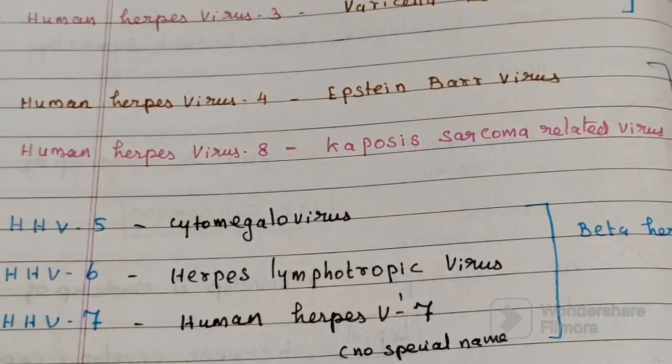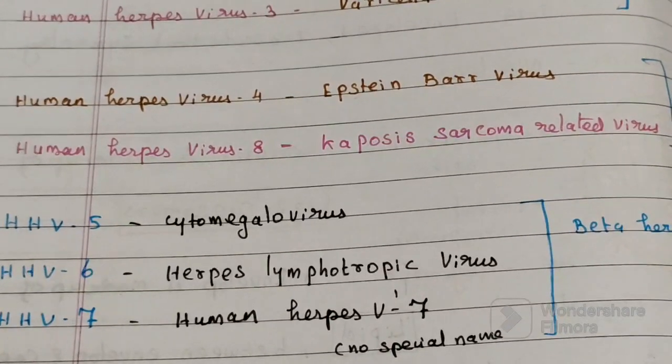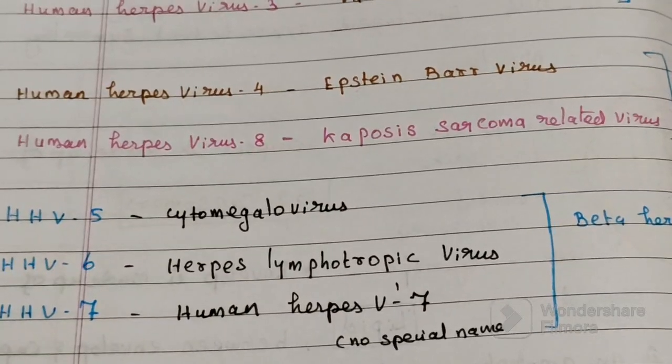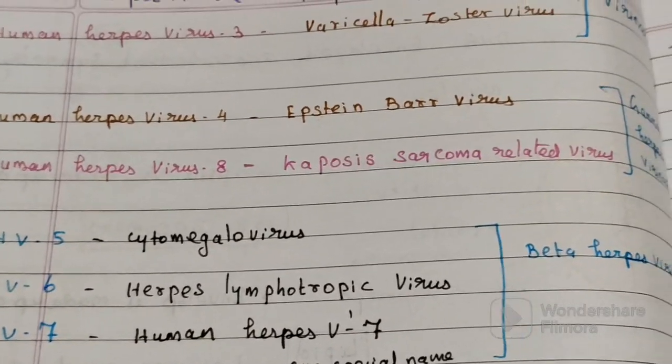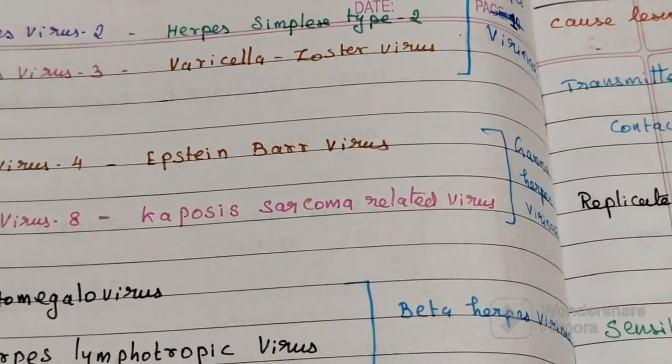Then 7 doesn't have any specific name, so it is called human herpes virus 7 only. Type 8 is Kaposi's sarcoma related virus.